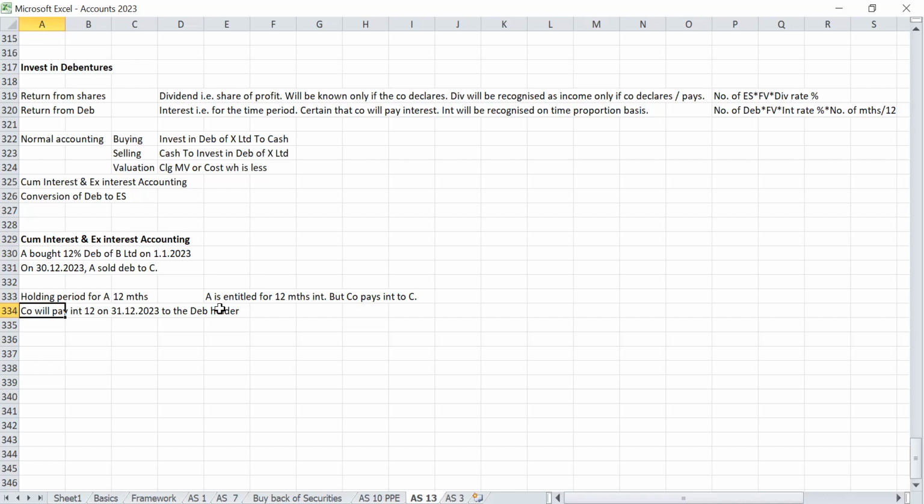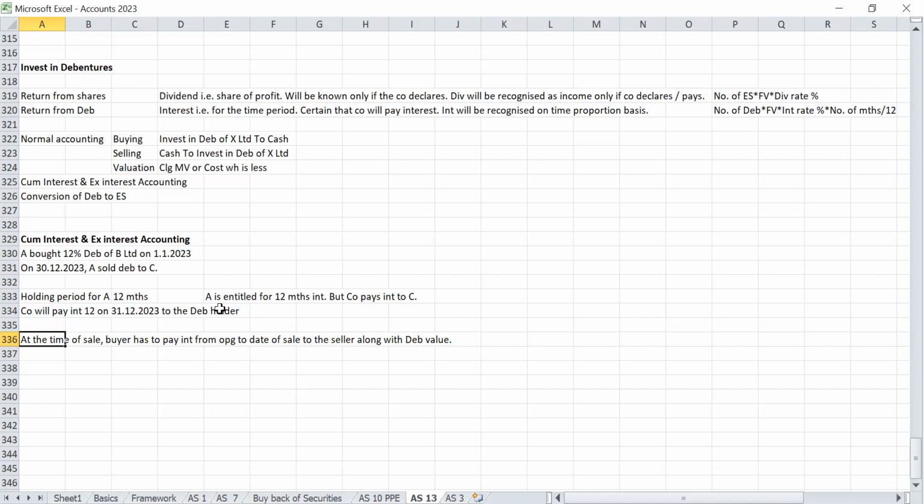I am saying one rule. This is the concept, please remember. At the time of sale, the buyer has to pay interest from opening to date of sale to the seller, along with the debenture value.